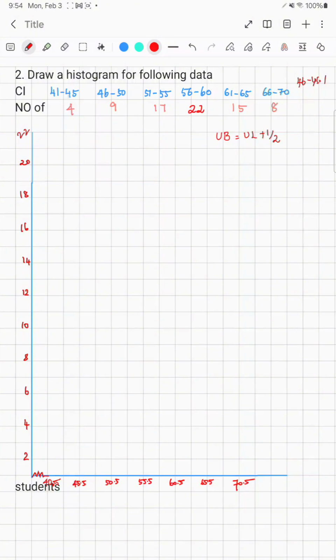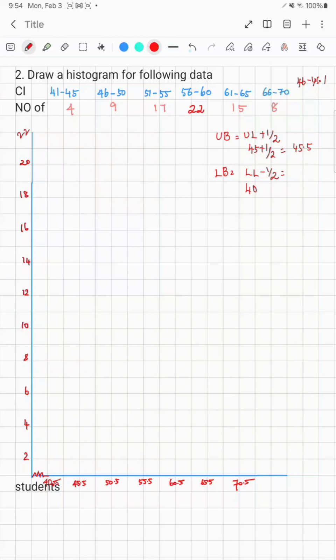Your upper limit is 45, so 45 plus half will become 45.5. For the lower boundary, again you have to do lower limit minus half.